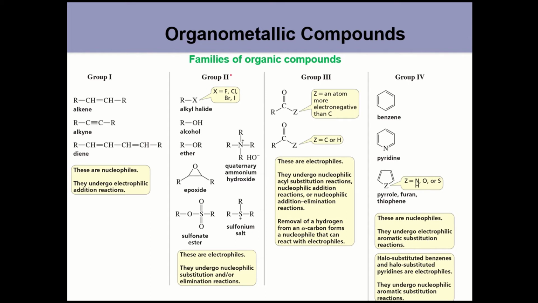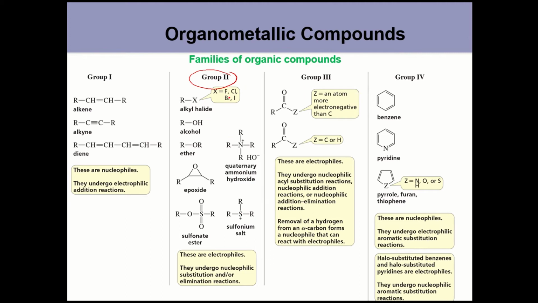For example, if you look at the organic compounds in group 2, you have a carbon chain connected to a group, either a halogen like fluorine, chlorine, bromine, iodine, or oxygen, nitrogen, and sulfur.